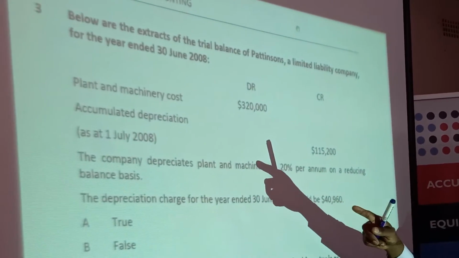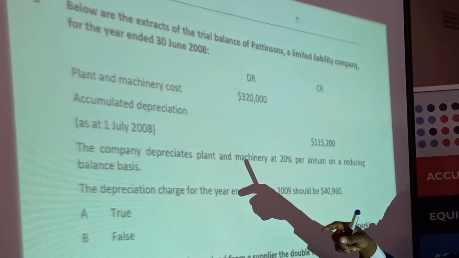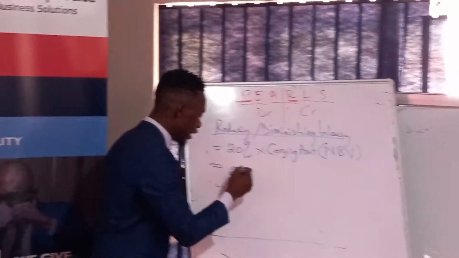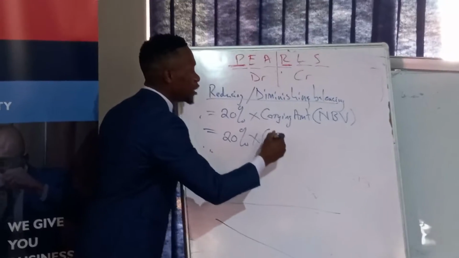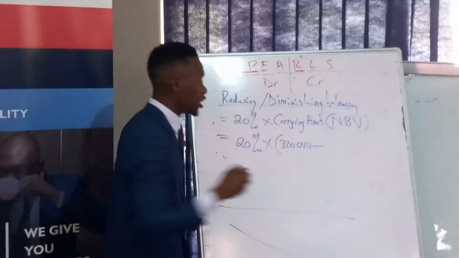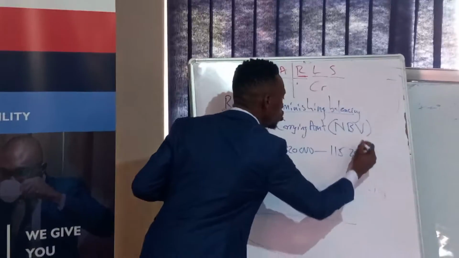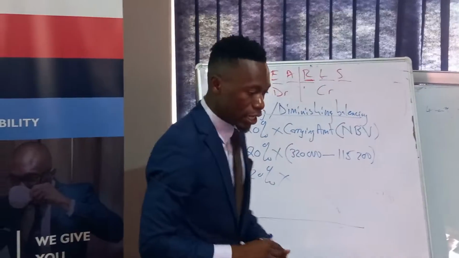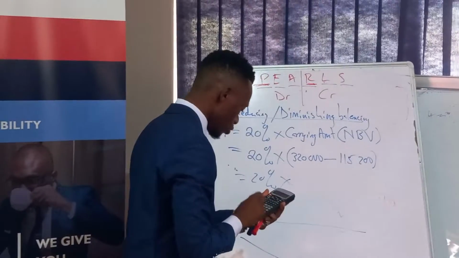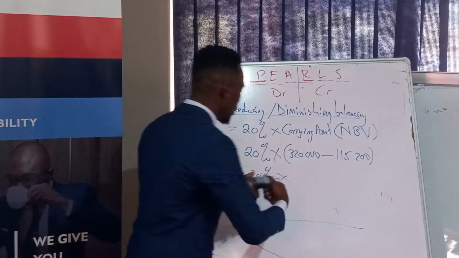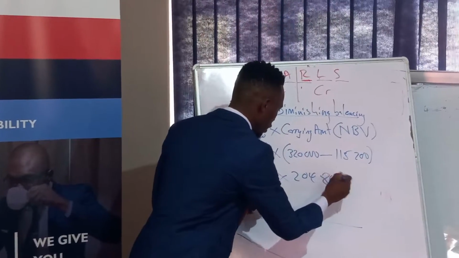If it's straight line, you still multiply with the 320,000, the cost. But if it's carrying, what is the remaining value of the asset? The asset is no longer worth 320,000 because it has depreciated by 115,200. Meaning that the carrying amount of the asset is how much? The carrying amount of the asset is 204,800.